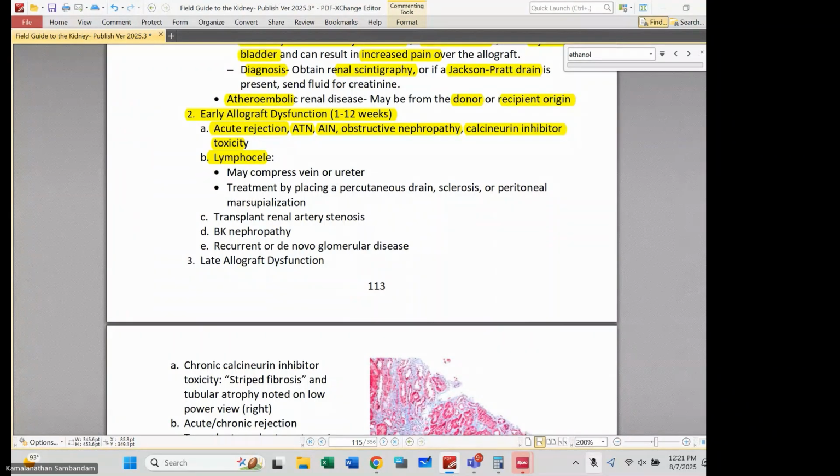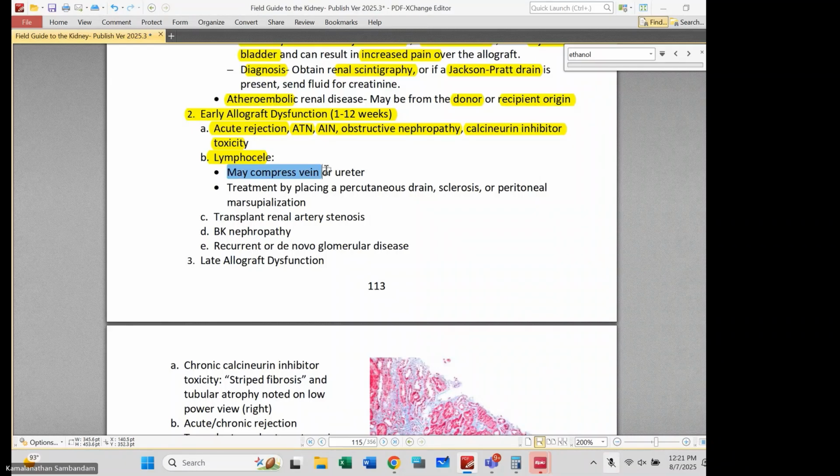Remember, as you manipulate the vessels, you have lymphatics that are often in close association and even on the outer surface of these blood vessels. So there's always going to be a compromise to the lymphatic system, and that can result in a fluid collection that is comprised of lymph. This, if it gets large enough, can cause a vascular or ureteral obstruction. And so that can be causing allograft dysfunction.